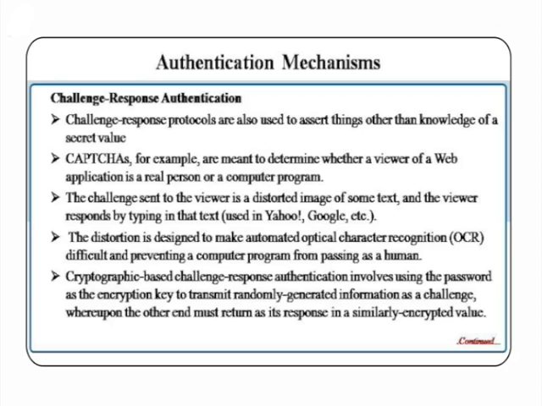You might have seen that in Yahoo or Google, etc. The distortion is designed to make automated optical character recognition, that is OCR, difficult and prevent a computer program from passing as a human.